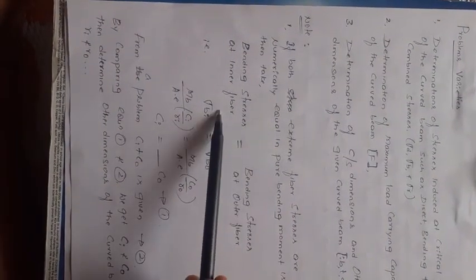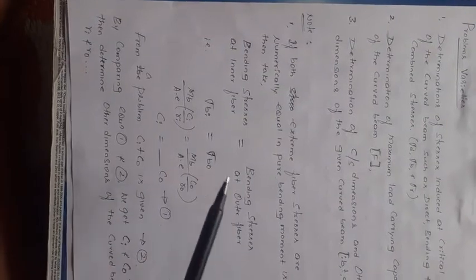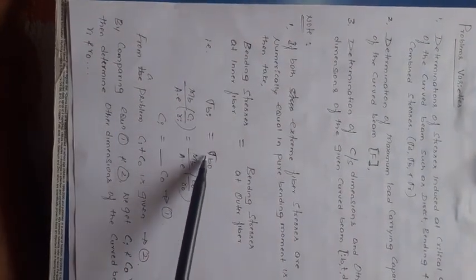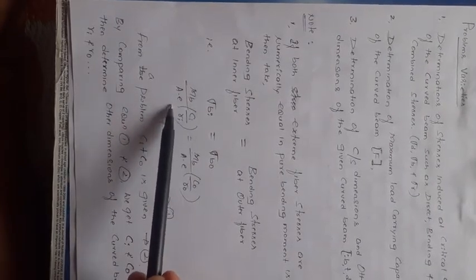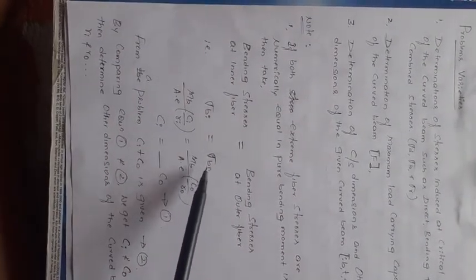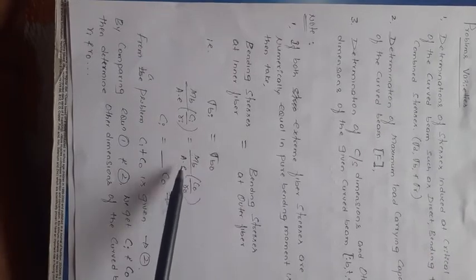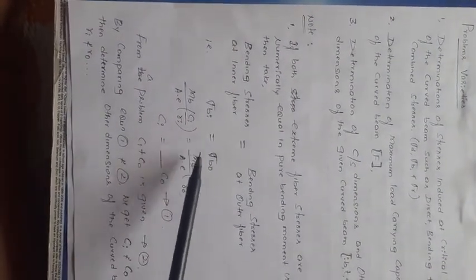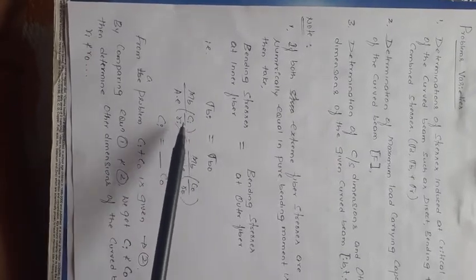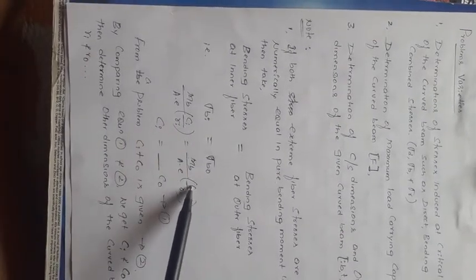The bending stress at inner fiber is equal to the bending stress at outer fiber, that is sigma bi is equal to sigma bo. Now substitute: sigma bi is Mb by Ae into ci by ri. What is the bending stress at outer fiber? Mb by Ae into co by ro. Here ci and co are the distances from the neutral axis to the inner fiber and the outer fiber.